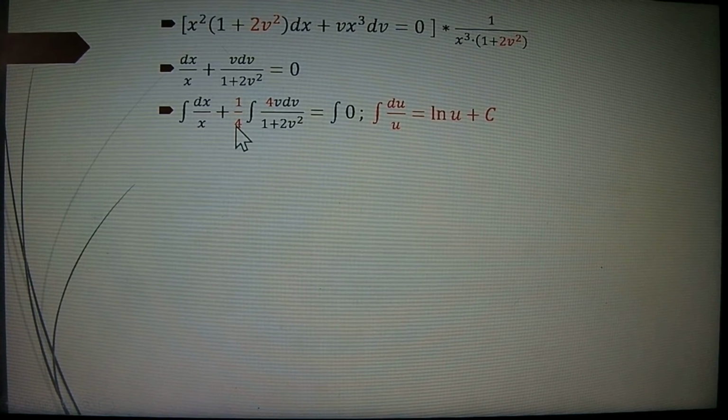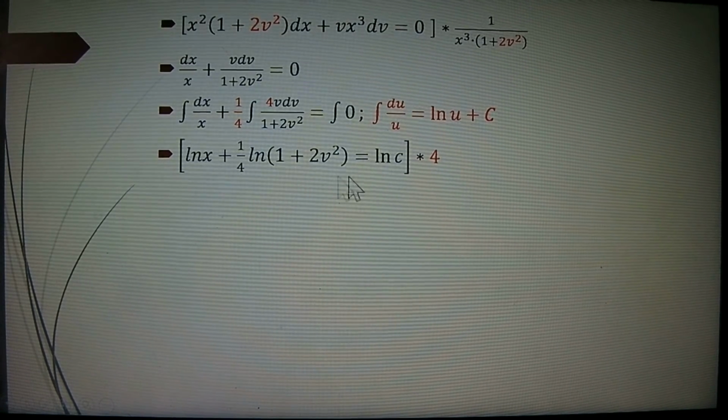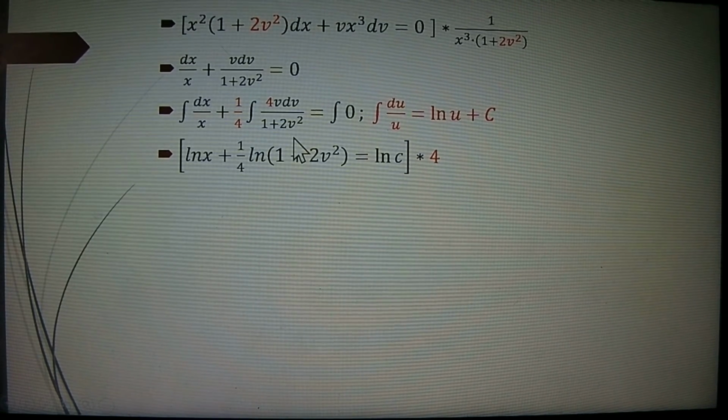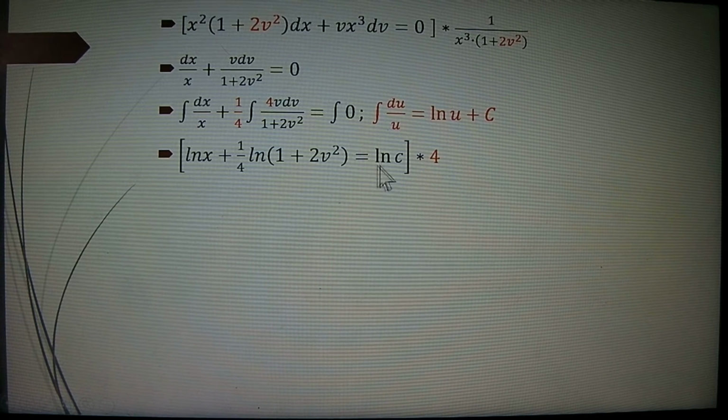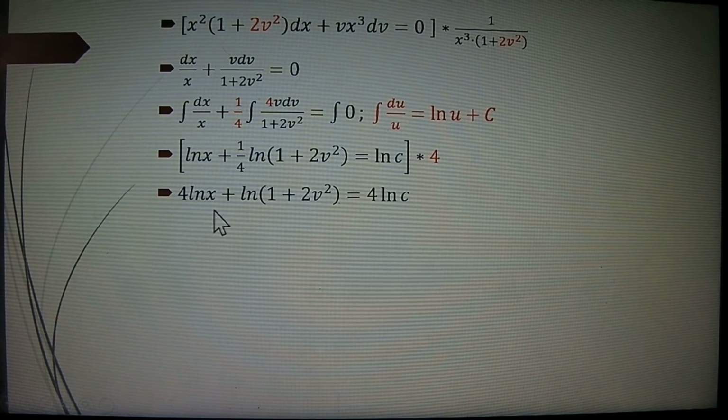So the integration of this will be ln x plus 1 over 4 ln u, where u is 1 plus 2b squared, equals ln c. Therefore, to get rid of the fraction, we have to multiply by 4. So you have 4 ln x plus ln of 1 plus 2b squared equals 4 ln c.